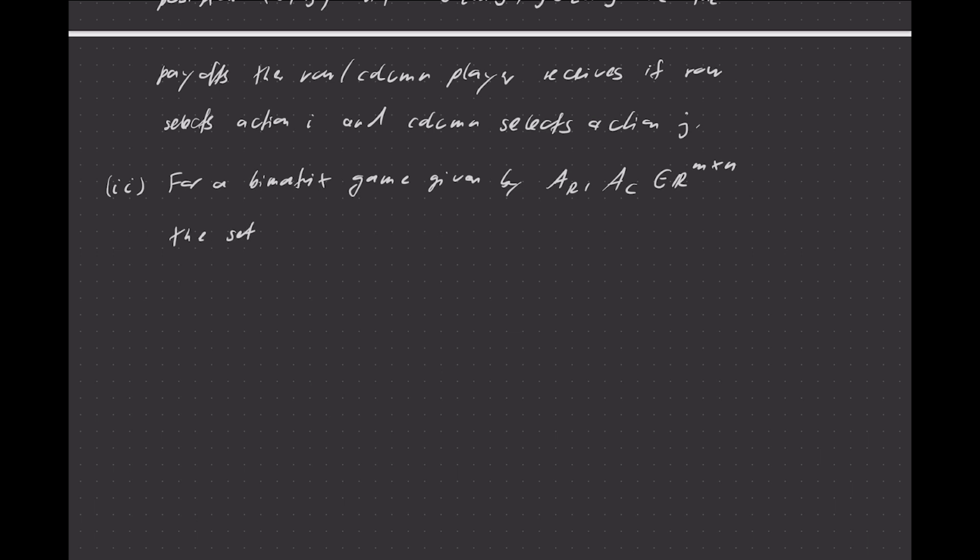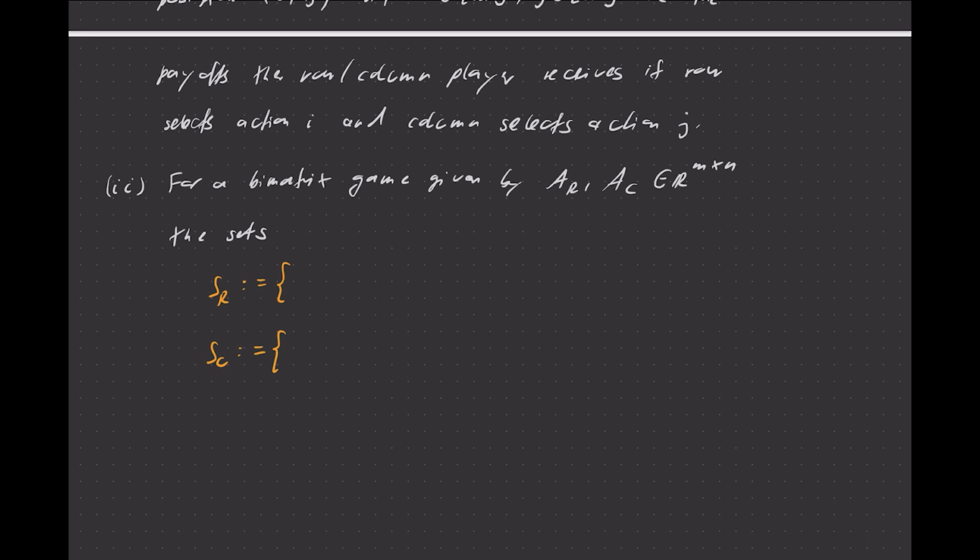And for such a game, we have two sets, and those are the sets SR and SC. Those are called the strategy sets for row and column. Those sets will contain all possible strategies, and to make the representation more concise, we are going to use vector notation for those.